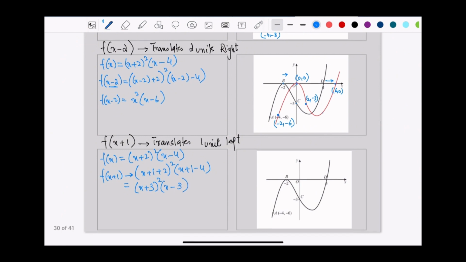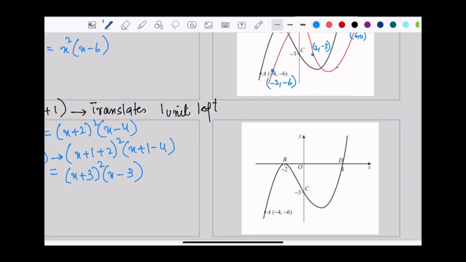Now, after shifting it 1 unit to the left, so this point reaches this point. So this here, after shifting left, may reach this point. This is going to be somewhere here after going to the left, and so as this point after going to the left will reach this point.